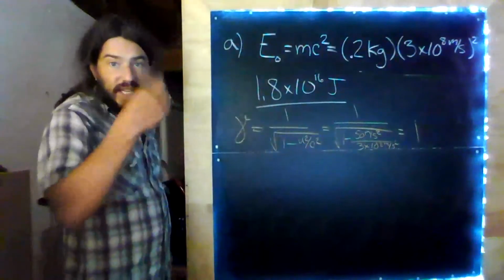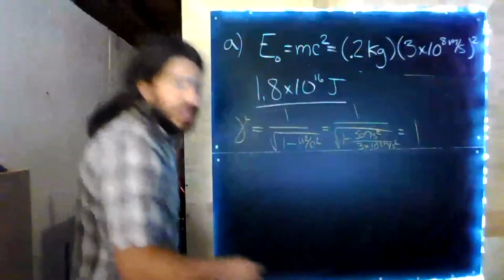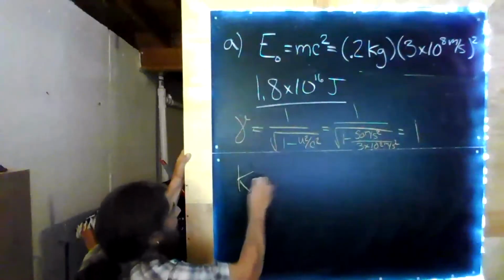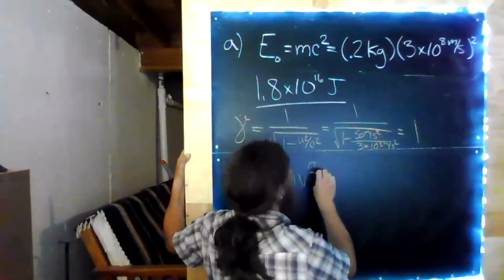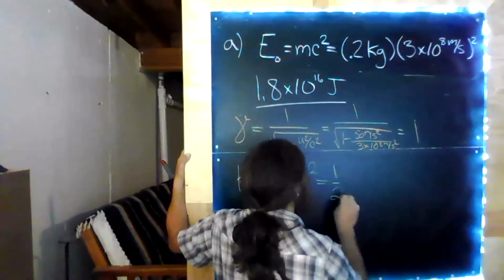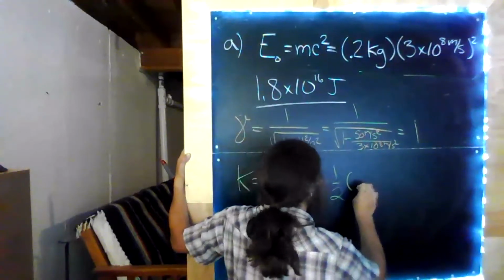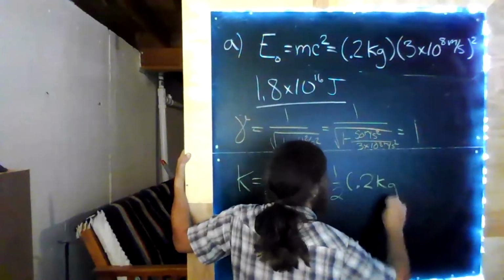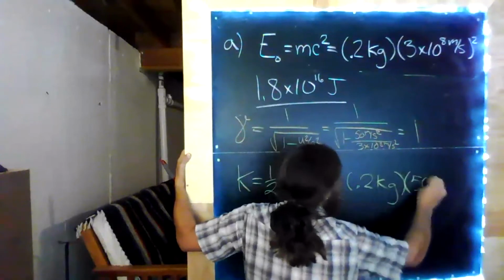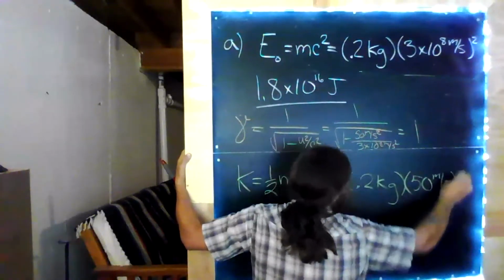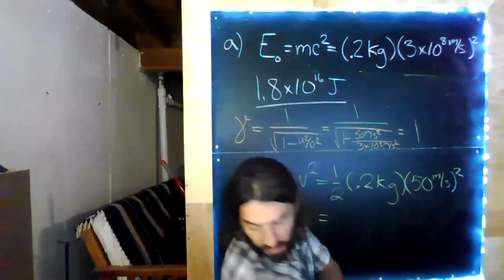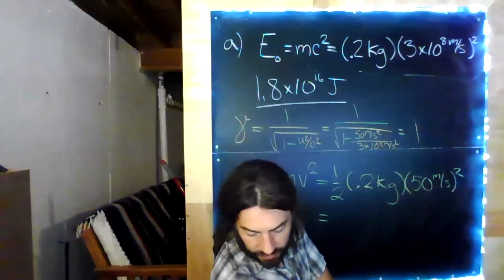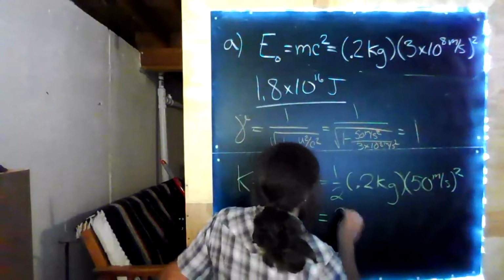We can just do the kinetic energy calculation like we would have done last semester. K equals 1/2 mv squared. That is 1/2 times 0.2 kilograms times 50 meters per second squared. We run our calculator and we get 250 joules.